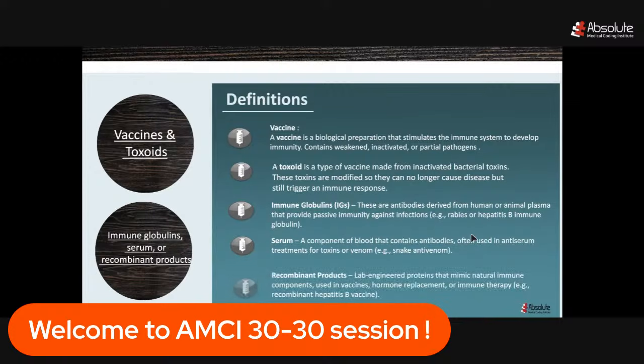And also we have recombinant products, which are lab-made proteins that act like natural immune components. For instance, a recombinant hepatitis B vaccine.